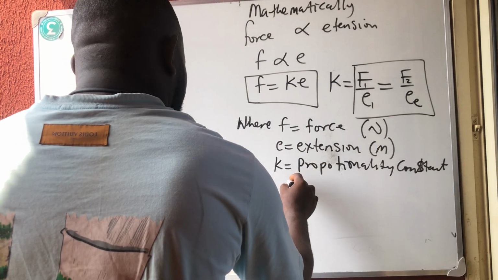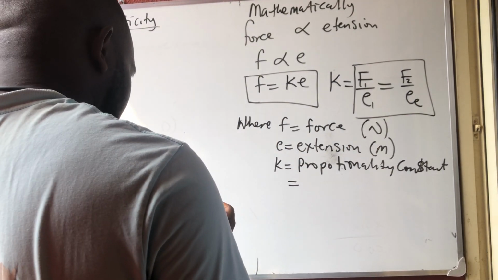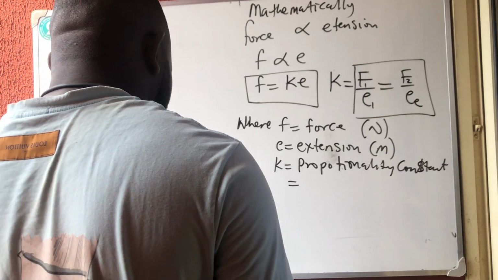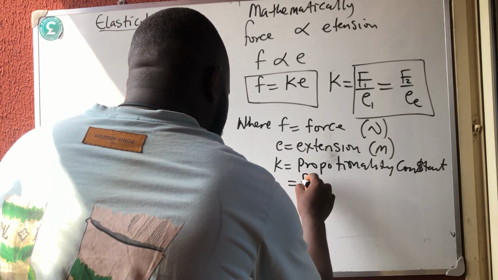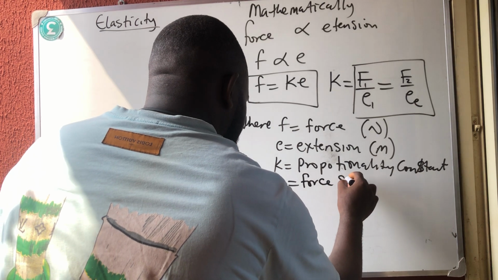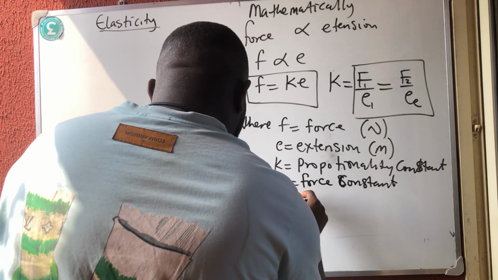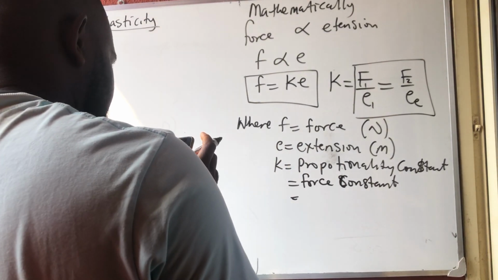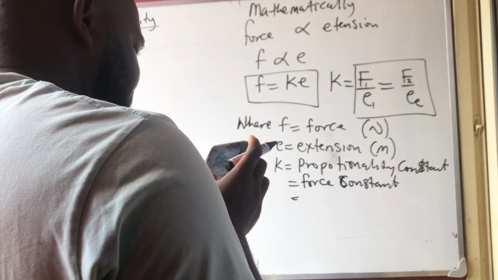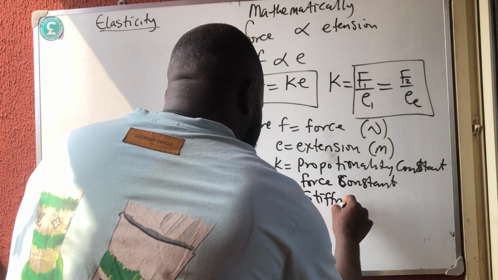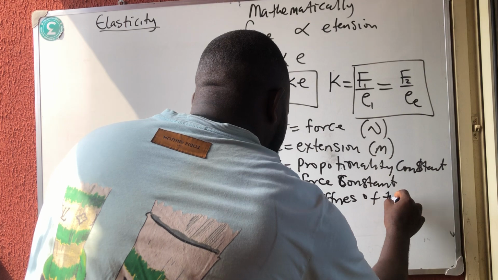If you don't want to call it proportionality constant, you can equally call it elastic constant or force constant. If you don't want to call it force constant, you can call it the stiffness of the material.